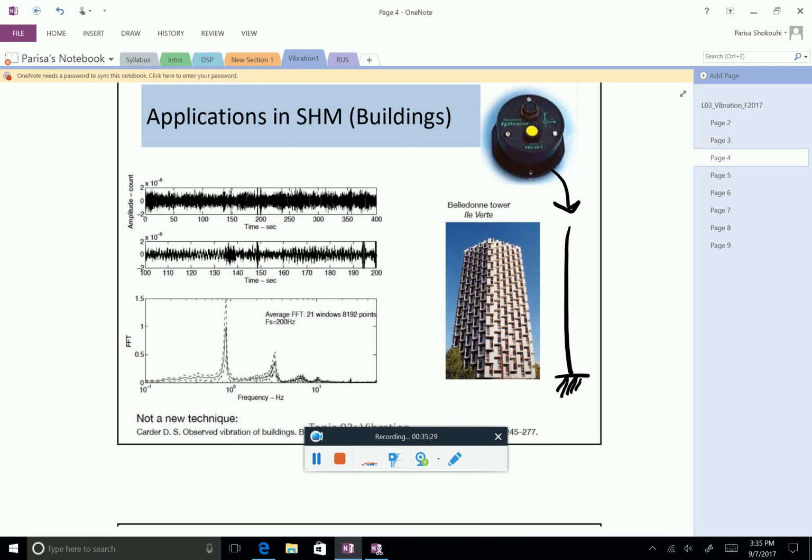People just look at the resonance. They don't try to locate, because you want to see if the whole thing has changed. You can place one accelerometer on the top and one at the base to decouple the structure and soil interaction from the whole thing. But you look at that.